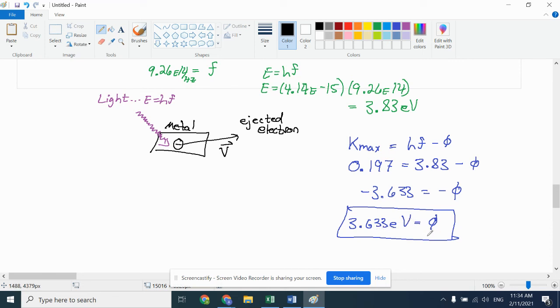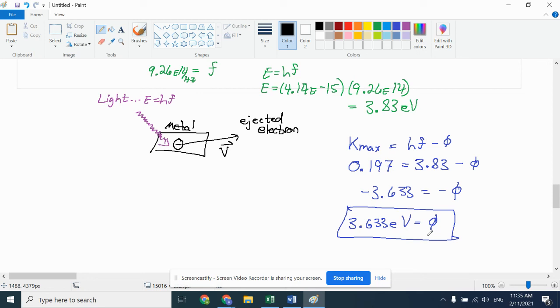What that means is every single particle of light with energy greater than 3.633 electron volts will strike the metal and eject an electron. If the incoming light has less energy than 3.633, the light wave would fail to eject the electron, and the light wave would simply either bounce off or pass through the metal.